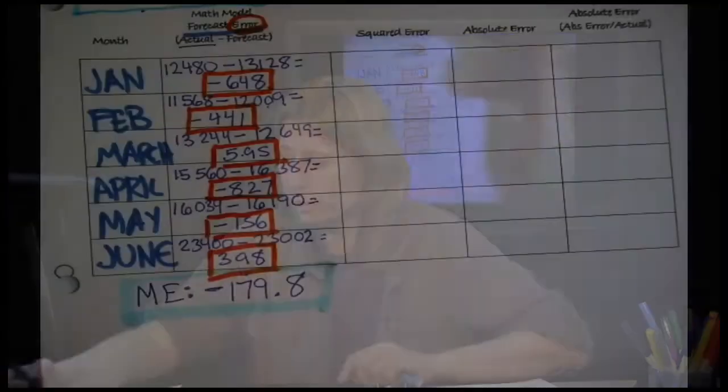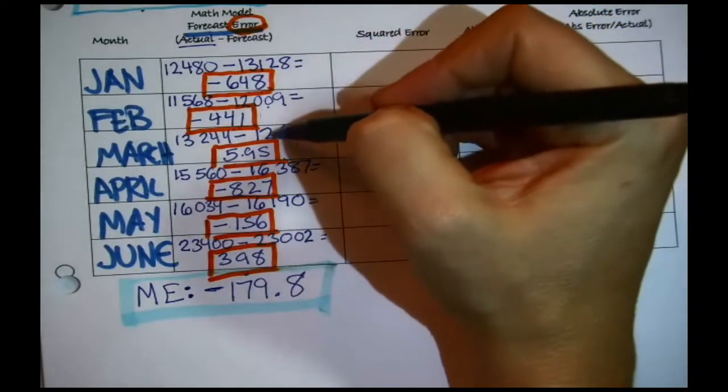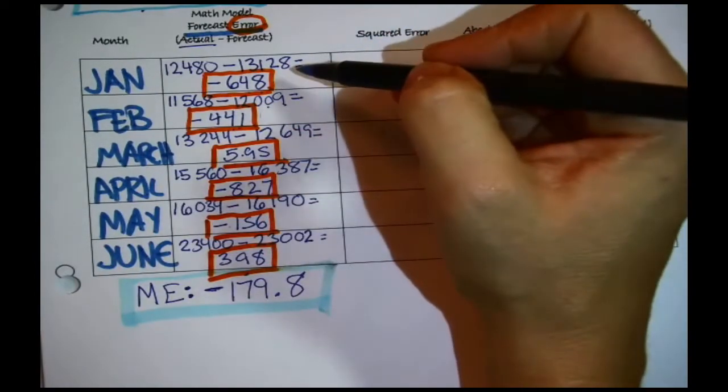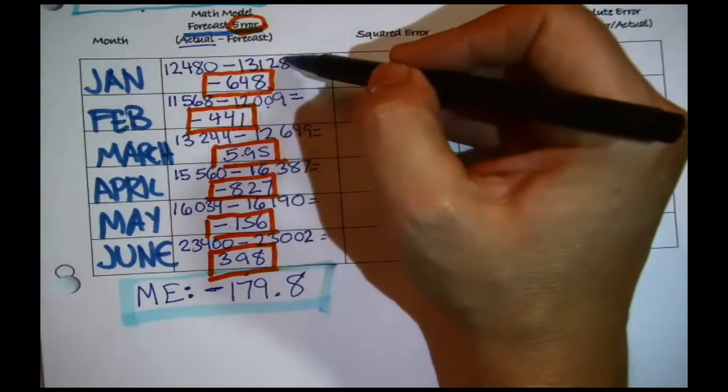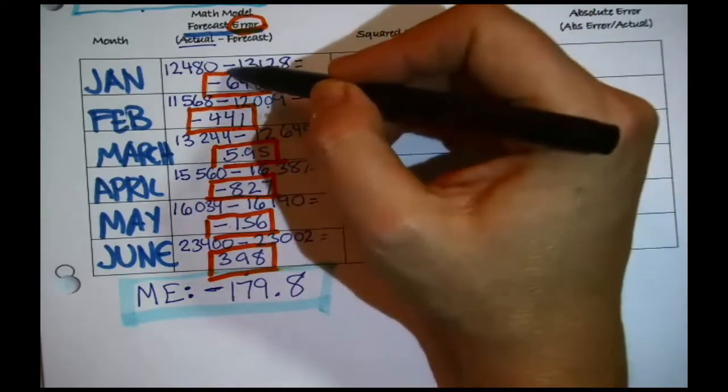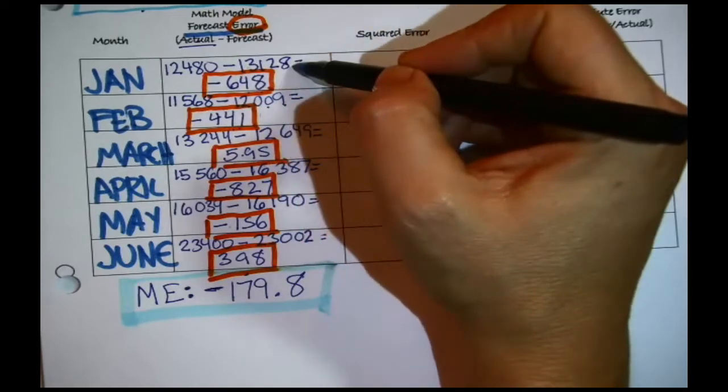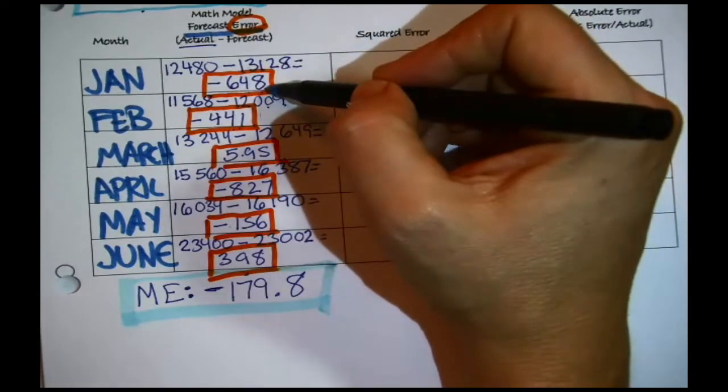Before we go any further, because you can see how we're going to fill in the rest of the columns on the table, I want to go back to something I said, and that's that error is always actual minus forecast. Be sure to concentrate on that, because sometimes your mind wants to get it flipped. Since error is actual minus forecast, every time your forecast is too large, you were too aggressive, you estimated too much, your error will be negative.